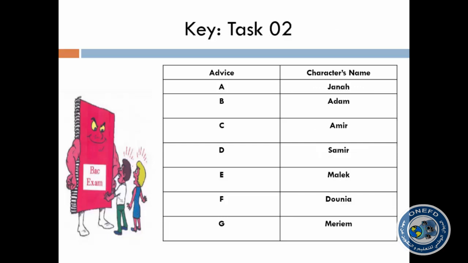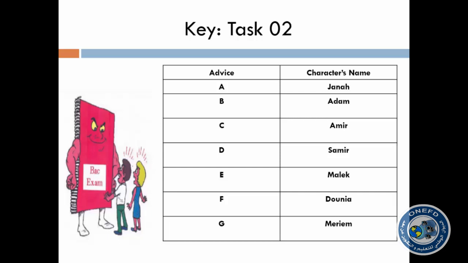So advice A is with Jenna, B with Adam, C with Amir, D with Samir, E with Malak, and F with Dunya, and G with Maryam. So if you compare each advice with the character's name, you would see they are appropriate for each situation.